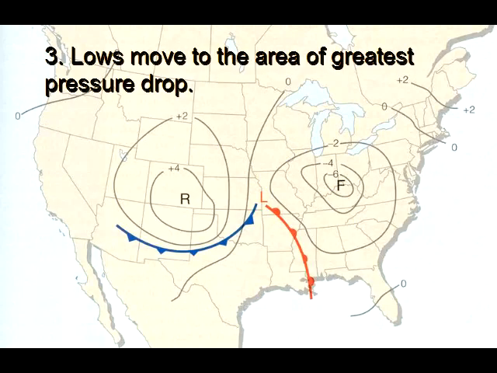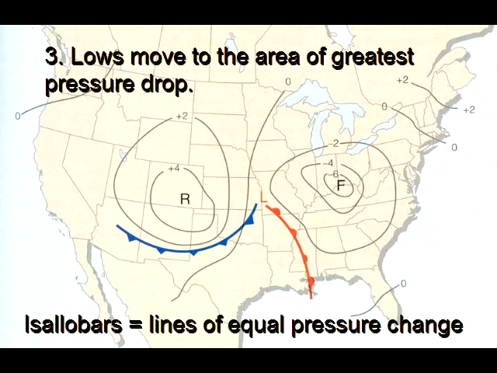Rule number 3 states that lows move to the area of the greatest pressure drop, or highs would move to the area of greatest pressure rise.